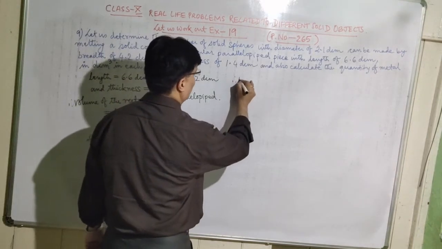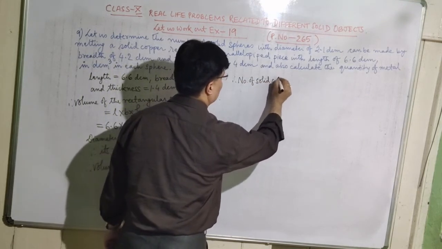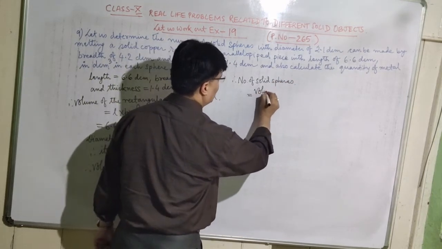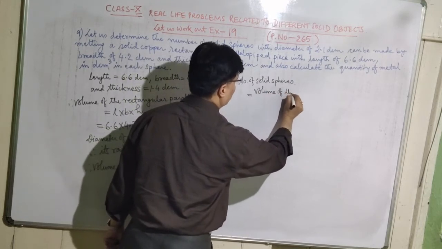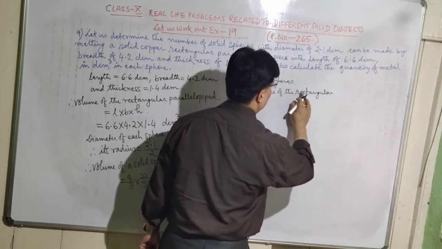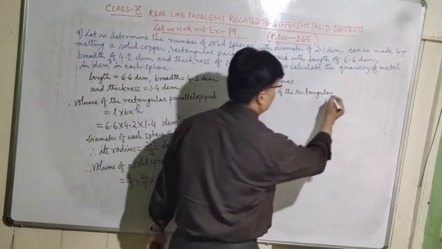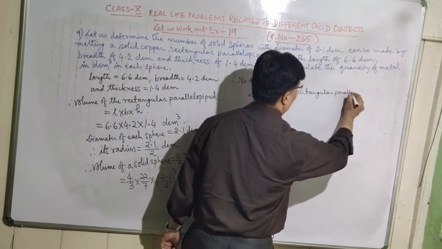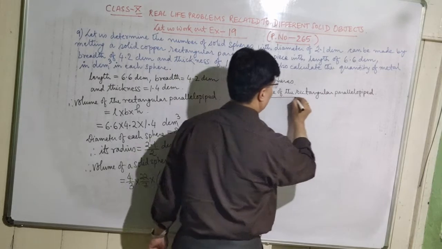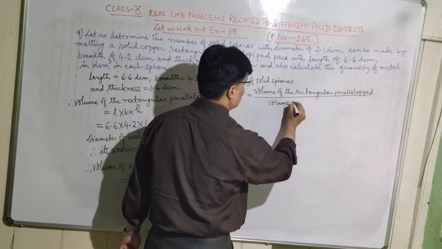So therefore, the formula for number of solid spheres is equal to volume of the rectangular parallelepiped divided by volume of a solid sphere.